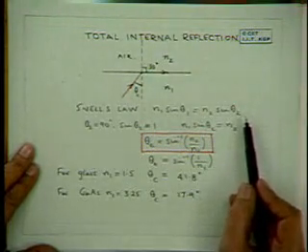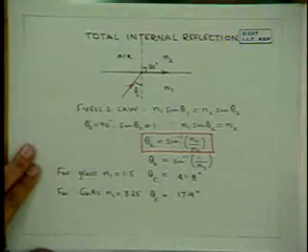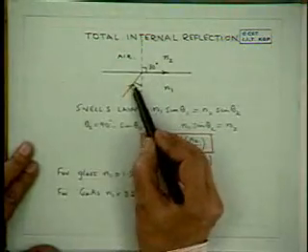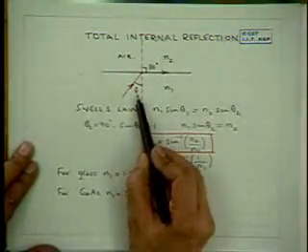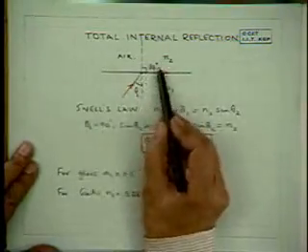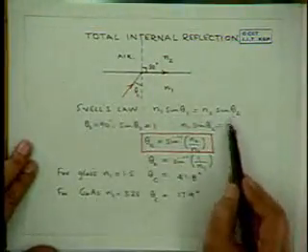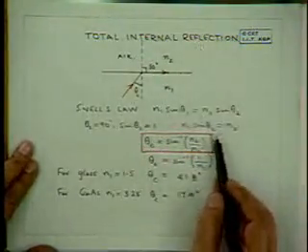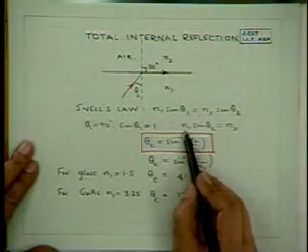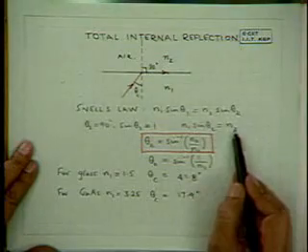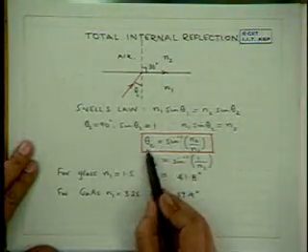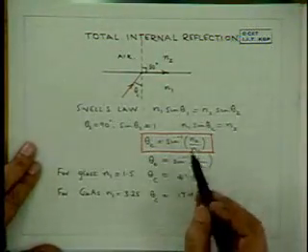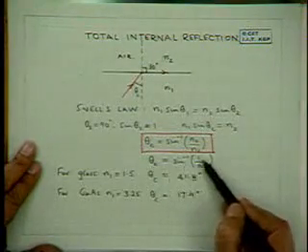One of the phenomena that take place at an interface is that if the angle theta 1 is equal to or greater than a critical angle theta c, then theta 2 is equal to 90 degrees. And as a result, we have the phenomenon of total internal reflection, which is given by the condition N1 sine theta c is equal to N2, and therefore theta c, the critical angle, is sine inverse N2 by N1. Now, in the case of air, N2 is 1, so theta c is sine inverse 1 by N1.